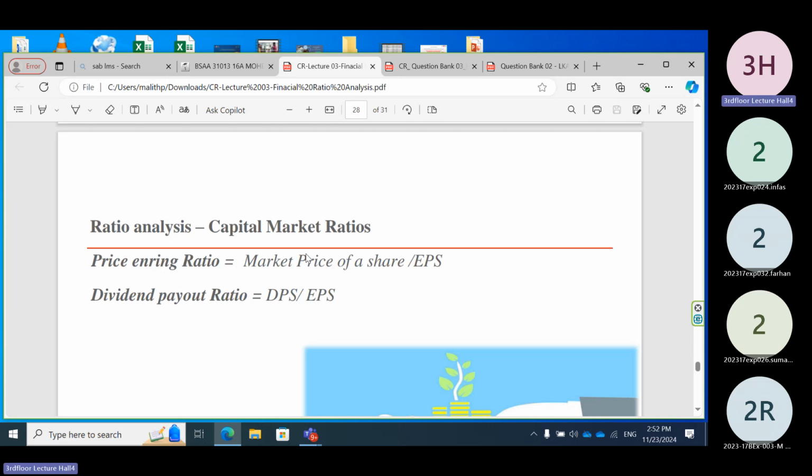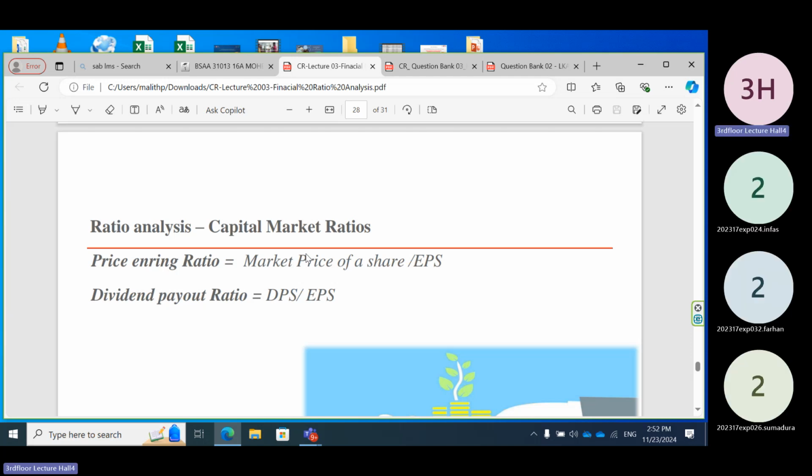That's purely judgmental. So we calculate the PE ratio for the listed company, add a loading, and we now have the PE ratio for this private limited company, right?